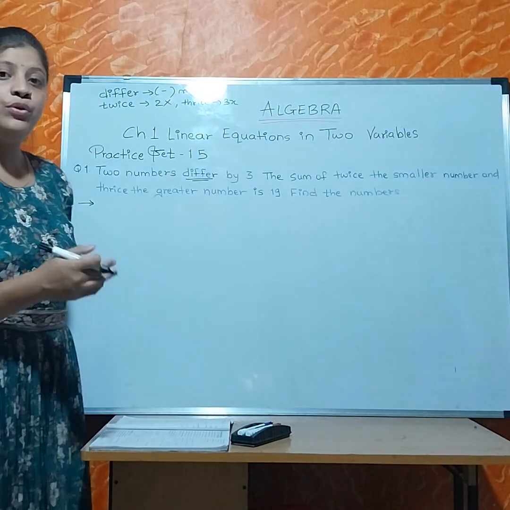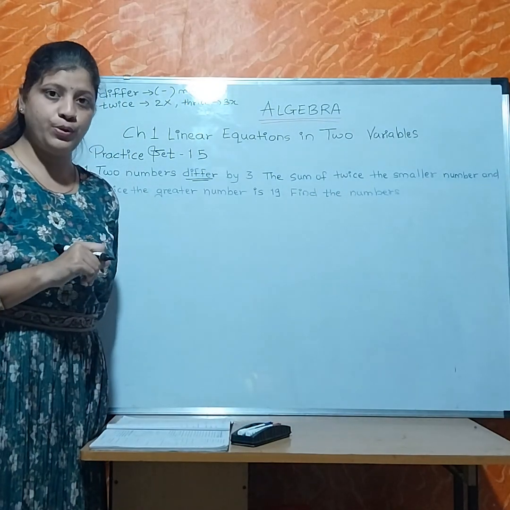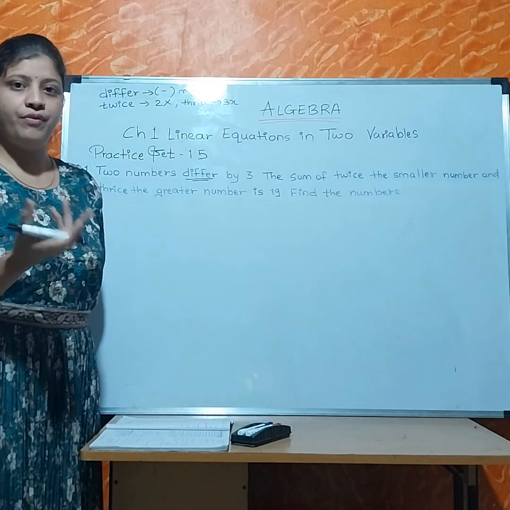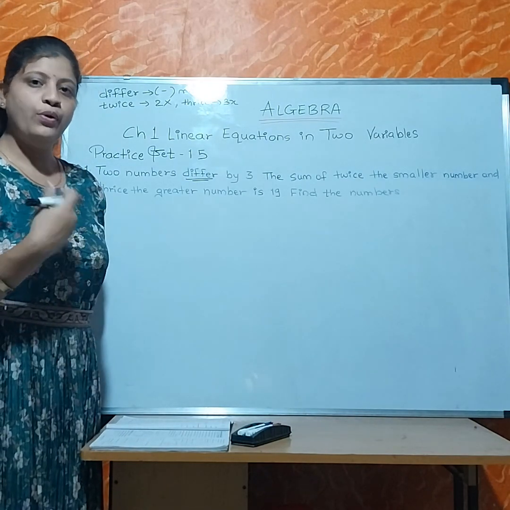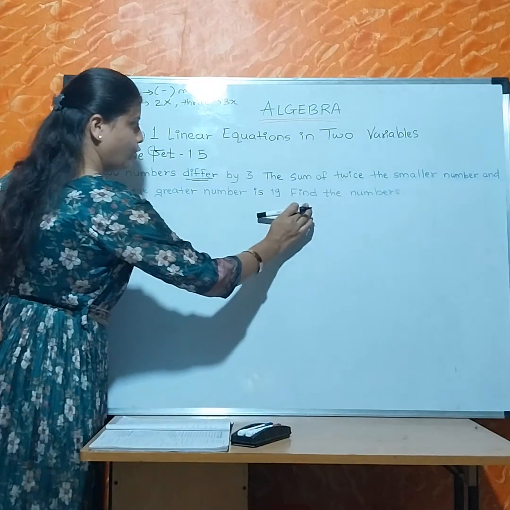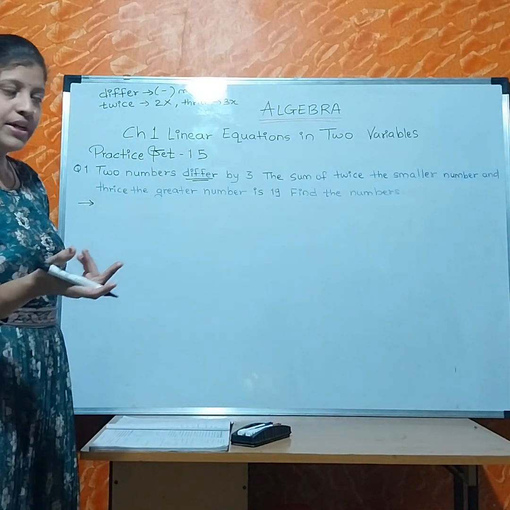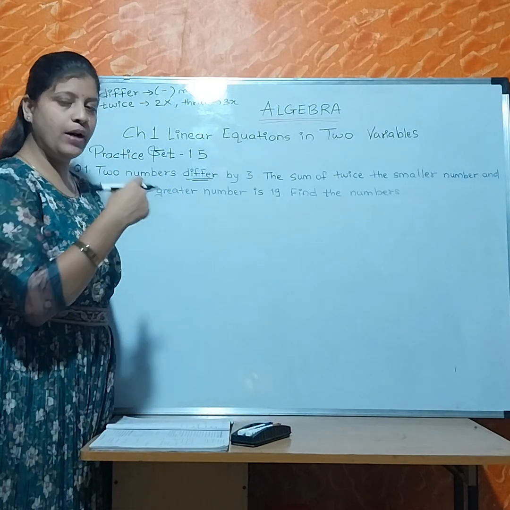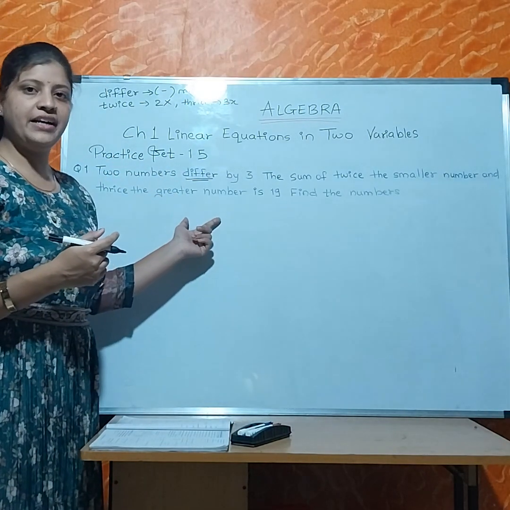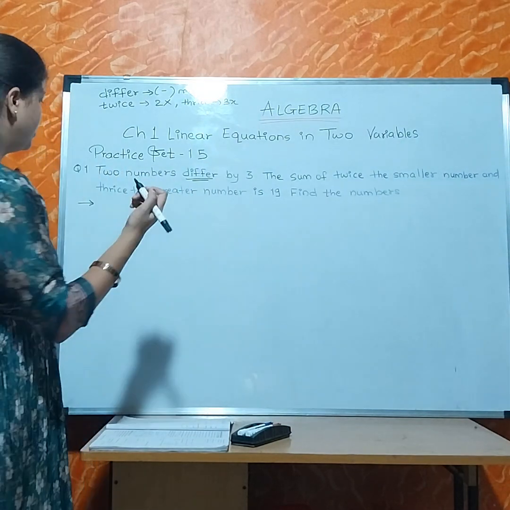First of all, what to assume and how to assume. The numbers or any value you have to find, you have to assume that value with any variable. Now see here, we have to find the numbers. How many numbers are there here? Two numbers, one is the smaller number and the other is the greater number. So we have to assume the smaller number and greater number by any variable.